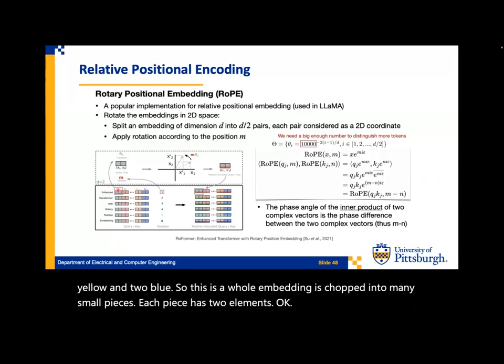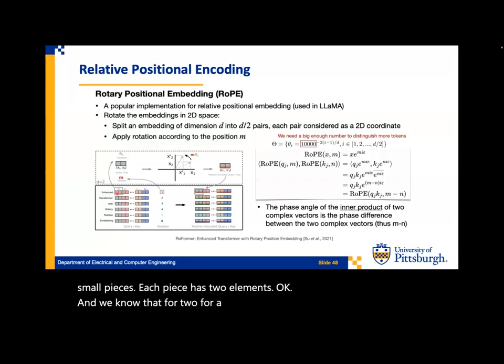And we know that a vector of two elements essentially determines one location, right? Then it uses this so-called theta to rotate the vector. So it's rotating that vector by a theta angle to get a new vector.